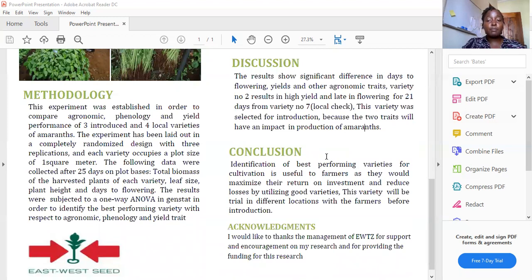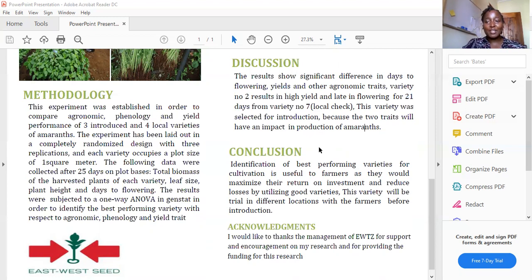And we believe that with this preliminary result that we observed on station, this entry is going to be one of the impacts to the farmer because of the flowering date, but also in terms of the yield that we are looking for our farmers.